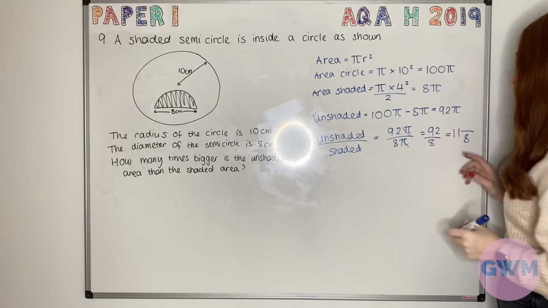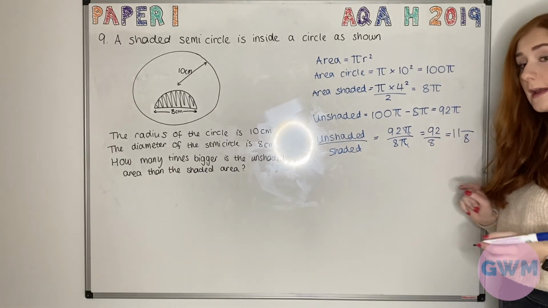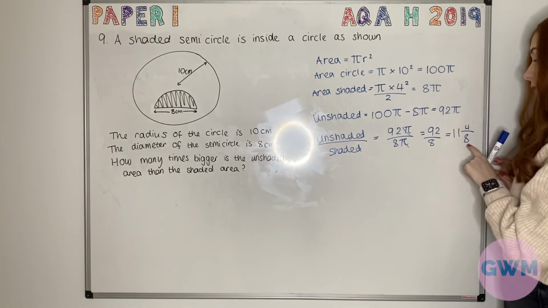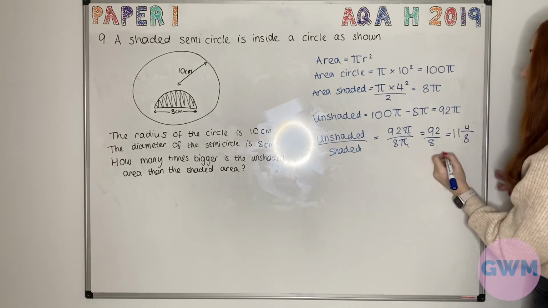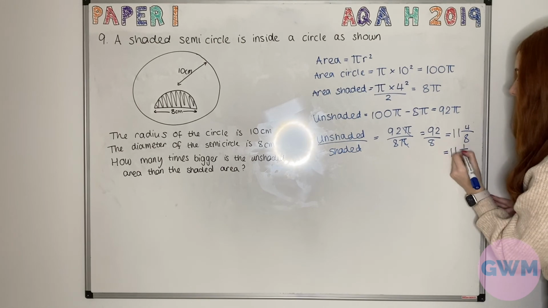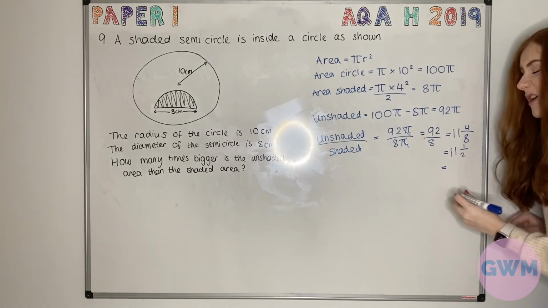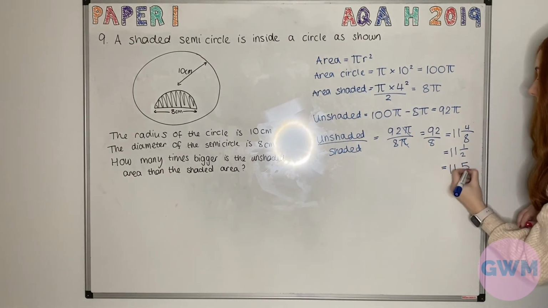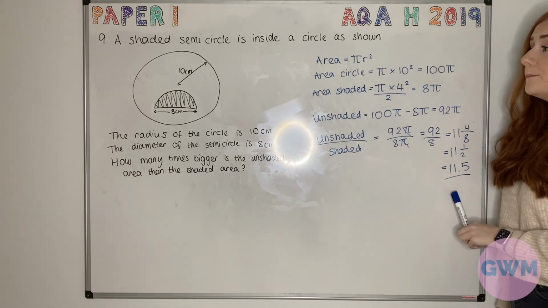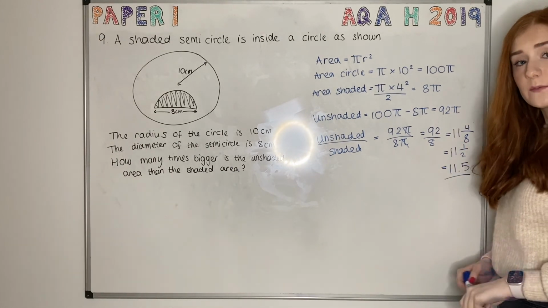So let's put 11. The difference between 92 and 88 is 4. Now does that look a bit more straightforward? 4 over 8, half. 11 and a half, we can write that easily as a decimal, 11.5. So the answer is it's 11.5 times bigger.